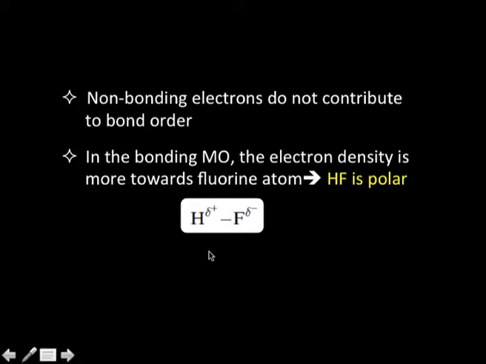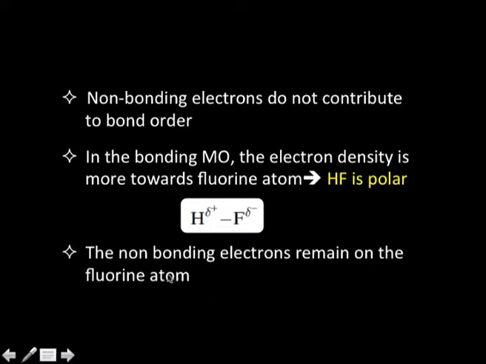That is how we account for the polarity of the HF molecule: there is a slight positive charge on the hydrogen atom and a slight negative charge on the fluorine atom. And of course, the non-bonding electrons remain on the fluorine atom, in accordance with the Lewis structure, where we show lone pairs on fluorine. The same thing holds true here as well.